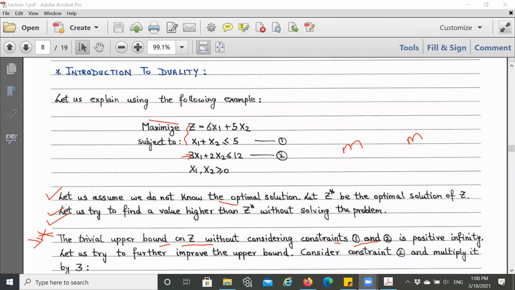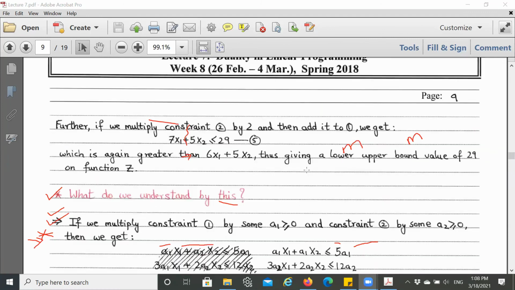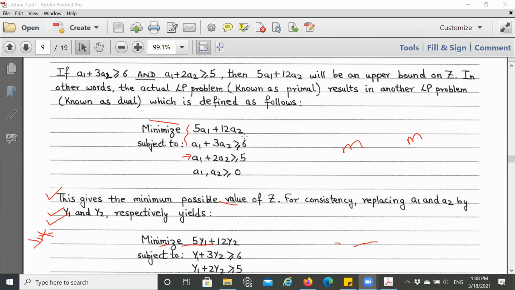So the number of variables is equal to the number of constraints in the dual. 2 variables here, so I should have 2 constraints in the dual, which is true. Looking at the other side, same thing: I had two constraints in the primal, so I should have two variables in the dual, y1 and y2. Check. Is it clear?